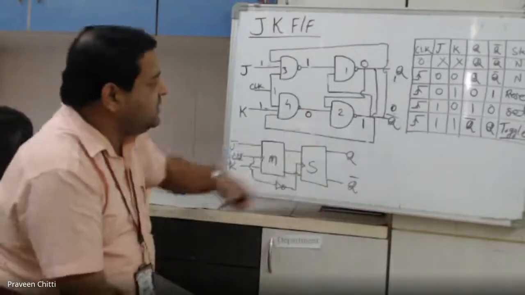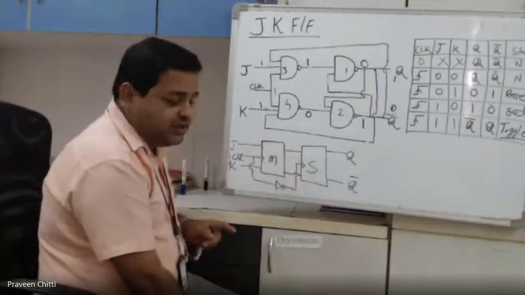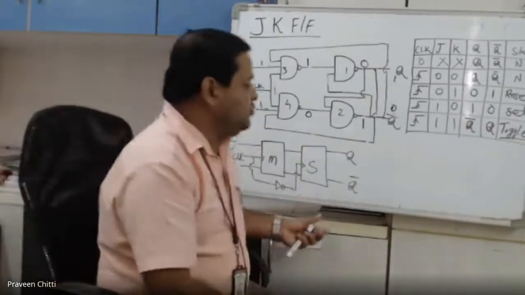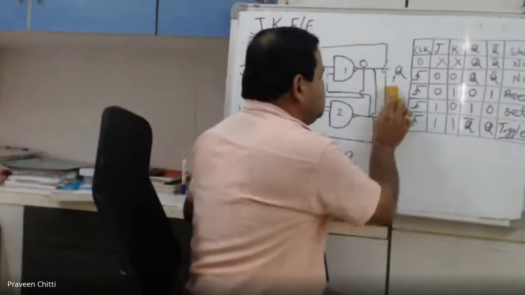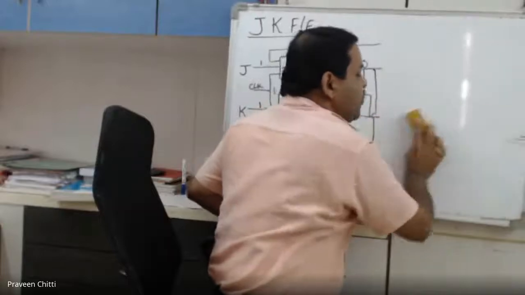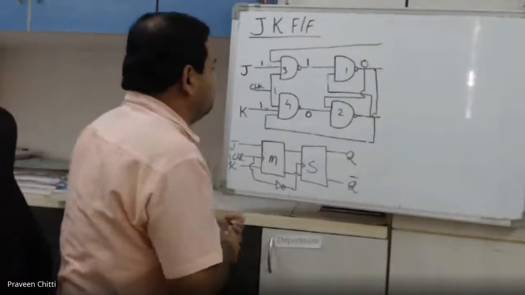So how do we draw the diagram for the master-slave JK flip-flop? We have to use one master and one slave, give the clock directly to the master, and give the complement of the clock to the slave. How can we draw the logic diagram for the master-slave JK flip-flop using NAND gates only?